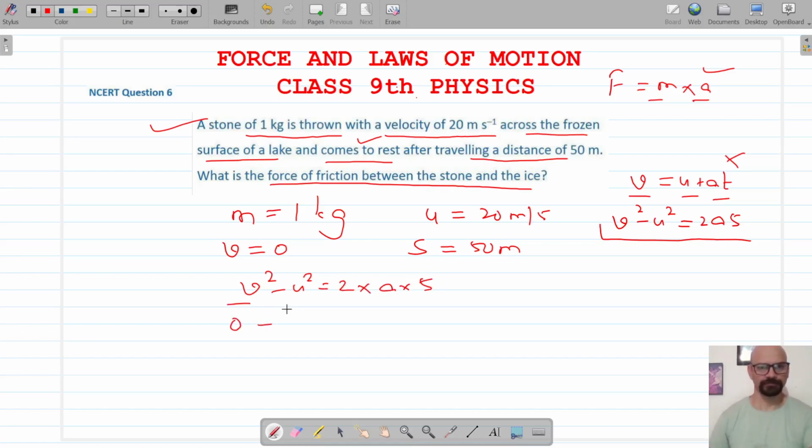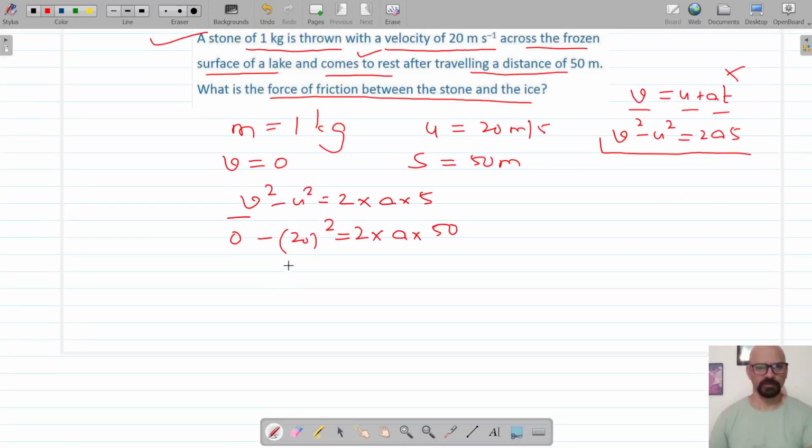So v is 0, u is 20 meter per second, and acceleration has to be calculated. Distance is 50. So this is minus 400, which is equal to 100 into a, and this gets cancelled. So this is minus 4, and acceleration is equal to minus 4 meter per second square.